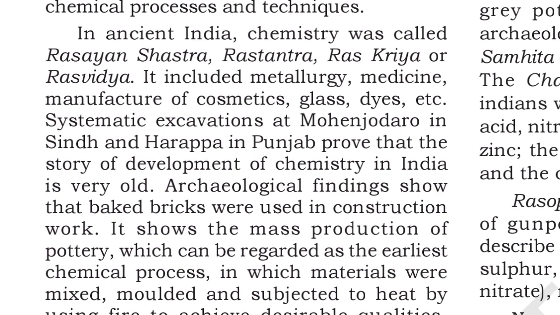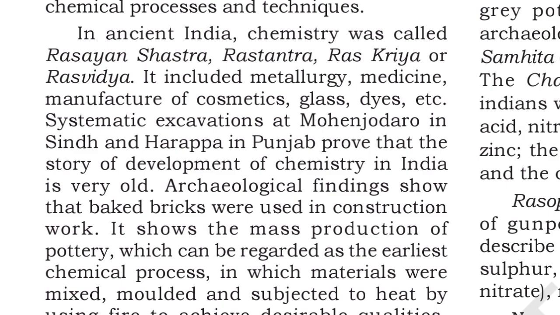Systematic excavations at Mohenjo-daro in Sindh and Harappa in Punjab prove that the story of development of chemistry in India is very old. Archaeological findings show that baked bricks were used in construction work.